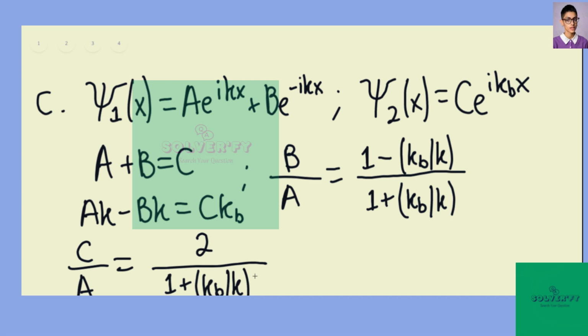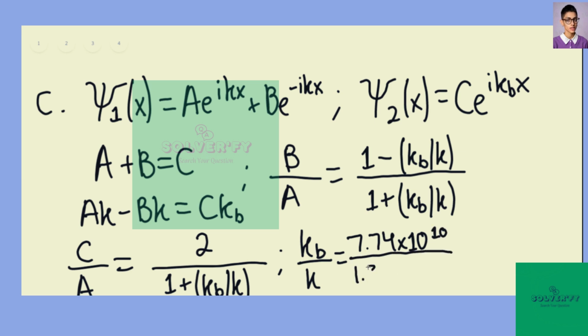And knowing that k sub B divided by k is equaling 7.74 times 10 to the 10th divided by 1.38 times 10 to the 11th, this is equaling 0.56.